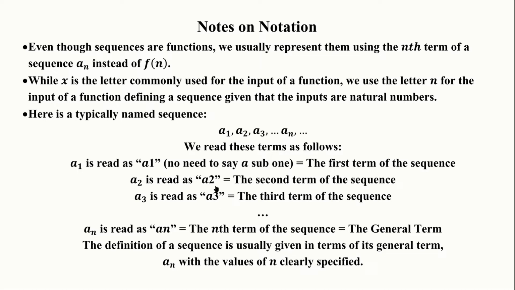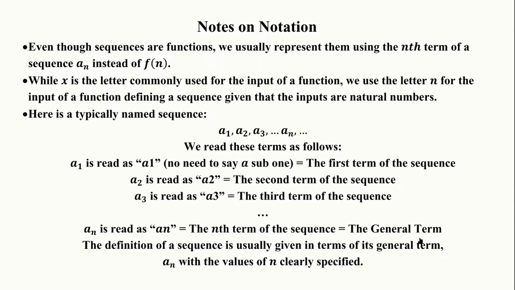Nobody is going to mistake that for a squared, because if you were going to say a squared, you would have said a squared, or a to the power of 2. So when you just say a2, everyone should understand that you're talking about a subscript 2. And an is the nth term of the sequence. It's also called the general term.